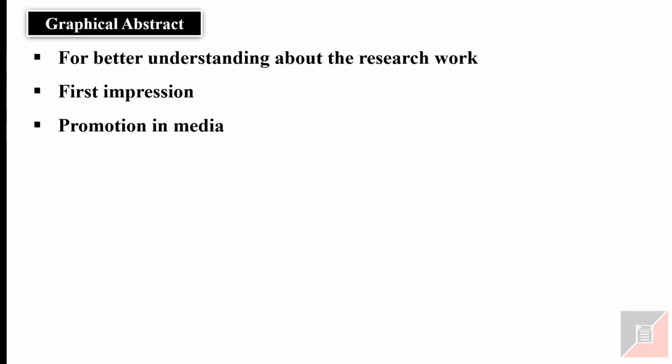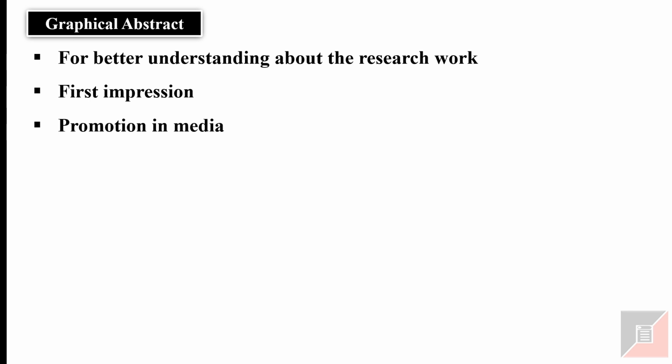This graphical abstract is mainly for a better understanding of the research work by the authors, the reviewers, the editors and the wider research community, and it will be the first impression for the reviewers when they go through the articles. It is also used mainly in social media.